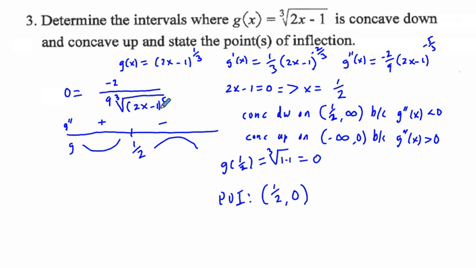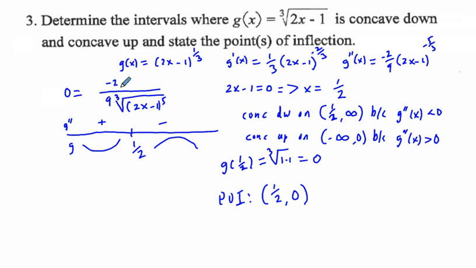Now, in this case, we do not have a value here. You see, this is undefined. This is the case in the vertical tangent line, is what it amounts to. But it just shows the process.